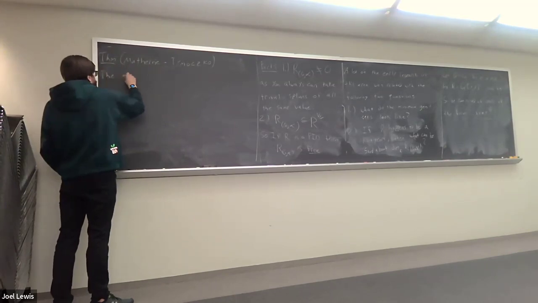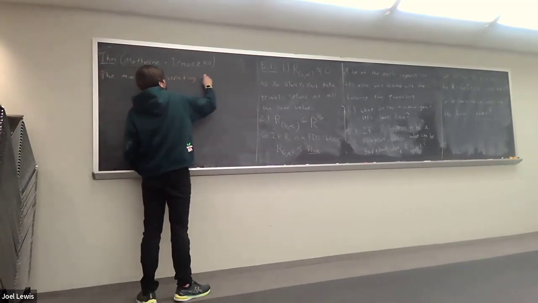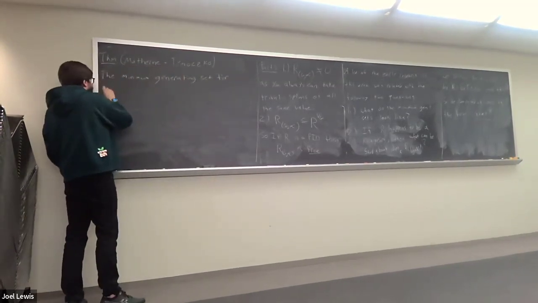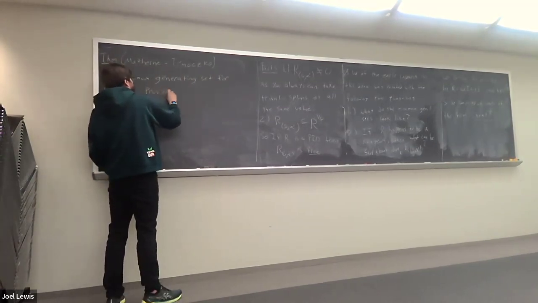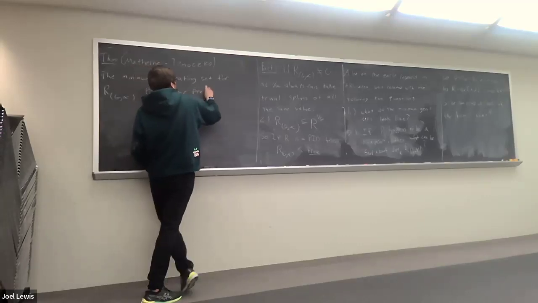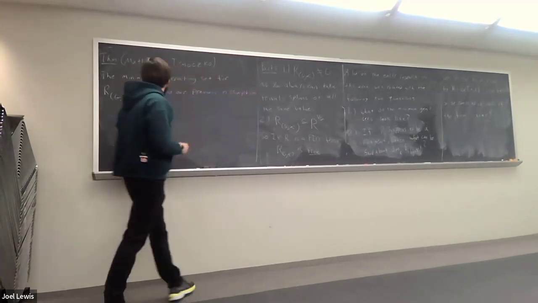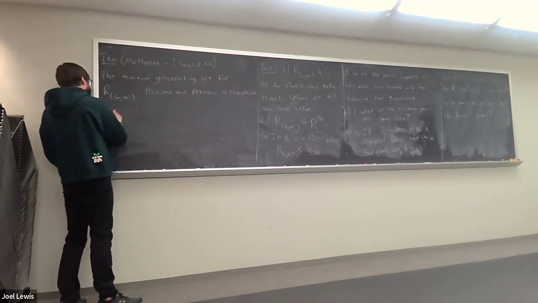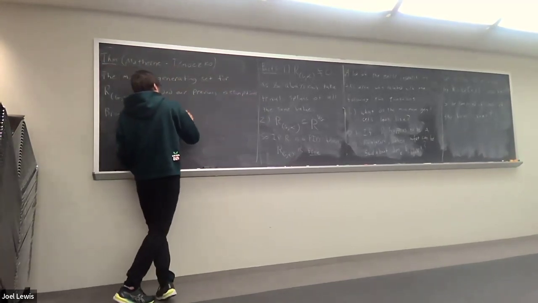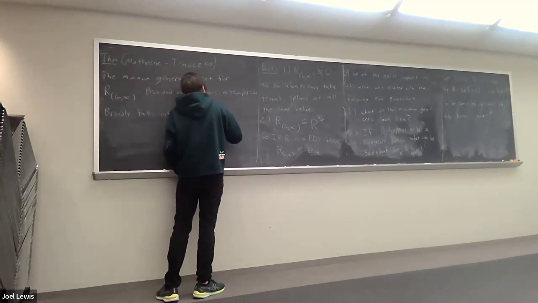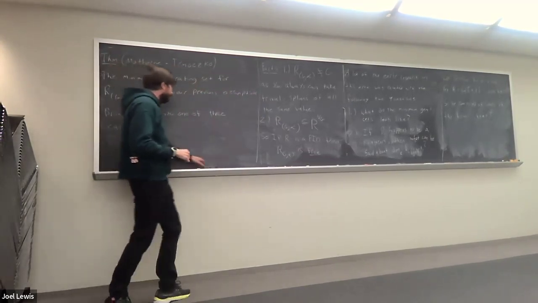The minimum generating set for R in alpha, provided the prior hypotheses, broadly falls into one of three categories. Just to briefly outline.